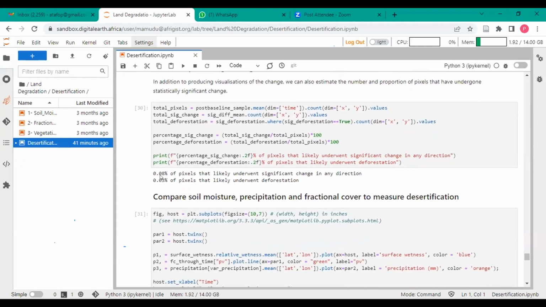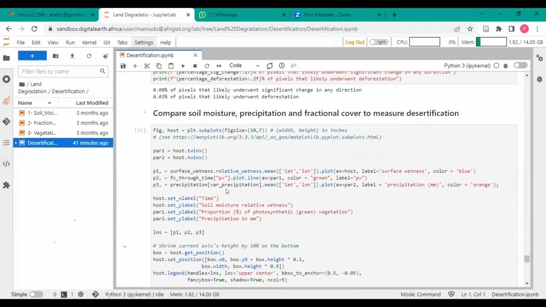And we are finding that 0.08% of the pixels underwent significant change in any direction, while 0.03% of the pixels likely underwent deforestation. So we have some deforestation in the study area, giving us only 0.03% of the pixels.